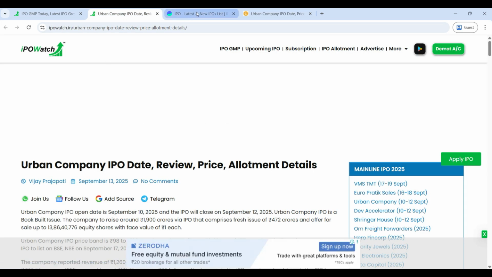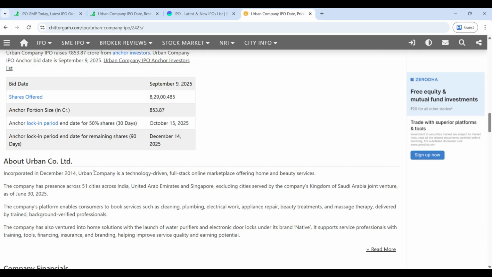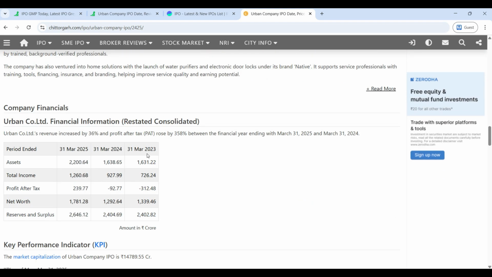For example, this Urban Company, if you come down, here they have listed their past 3 years of financial history, like how much income they made in the past 3 years, how much profit they made, what is their net worth, everything is listed here. Now, unknown people like me and you can come to this website and look into this financial history.